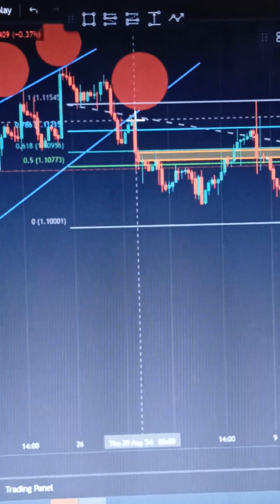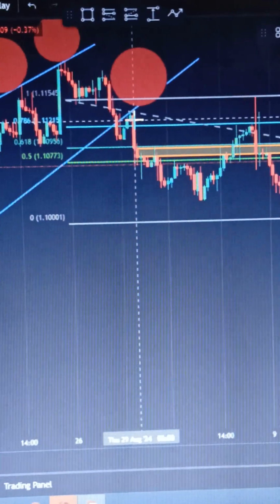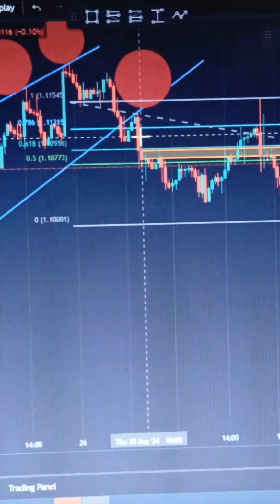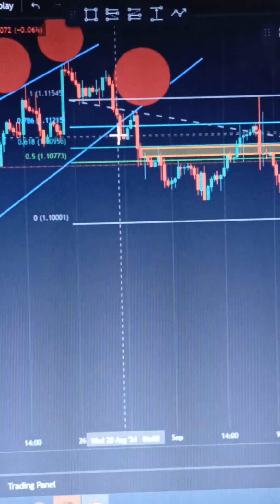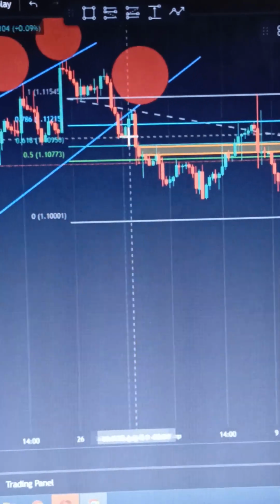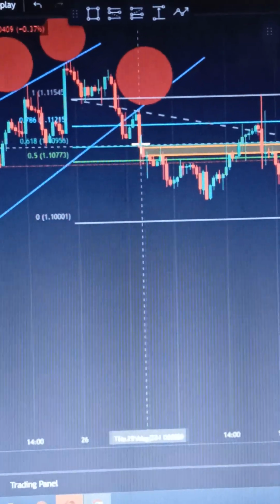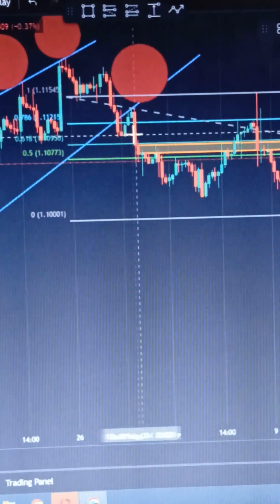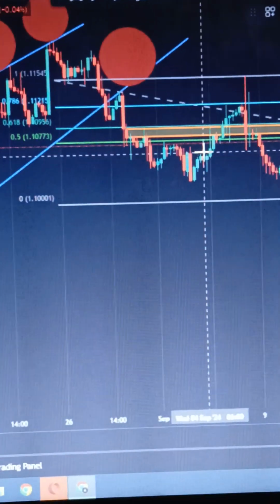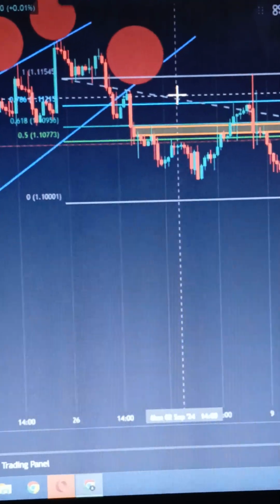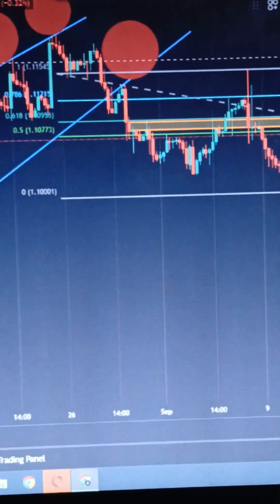Then after those bullish candles, the market actually used just one bearish candle to defeat these three bullish candles and break this support zone once again, which is telling you that the market is definitely on a sell.